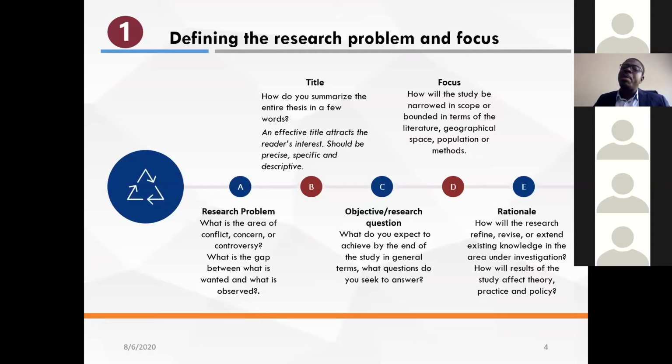So you need to come out with a strong justification or rationale for carrying out such a study. So definitely the definition of the research problem and focus will help you to come out with a clear and researchable topic so that you can complete it within the stipulated time period. Please, let's move to the next slide.